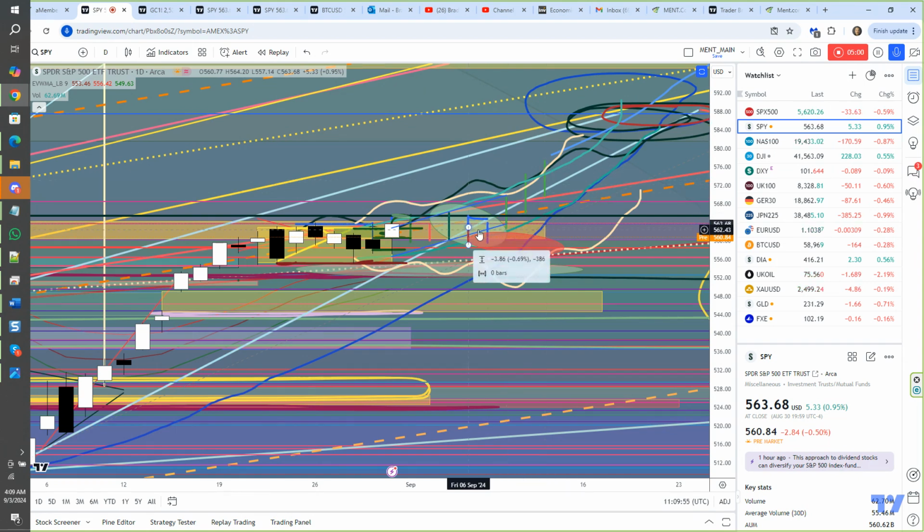So we're looking at sideways, slight melt up until the 6th, which is this Friday. Then we go to the 9th, Monday, consolidation period, then rally, rally, rally. And this is going to be a pretty solid move, as you can see here.